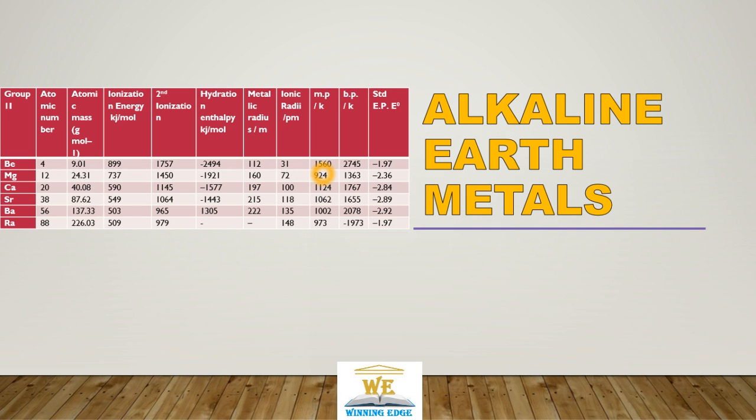But here you see an abnormality with magnesium. We know these are due to atomic sizes. As you go down a group, atomic sizes increase. You see the melting point is a bit lower for magnesium compared to calcium. We expect it to consistently reduce, but that's not the case.